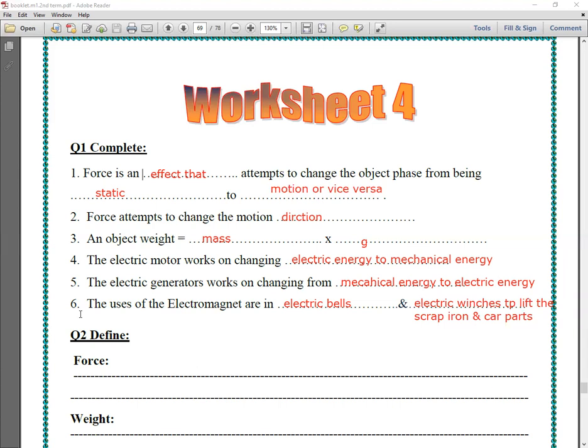Question number 2, define the force. What does it mean by the force? Force is an effect that attempts to change the object phase from being static to motion, or vice versa, or attempts to change the motion direction.